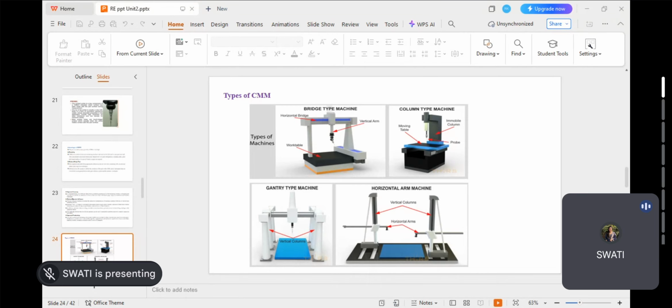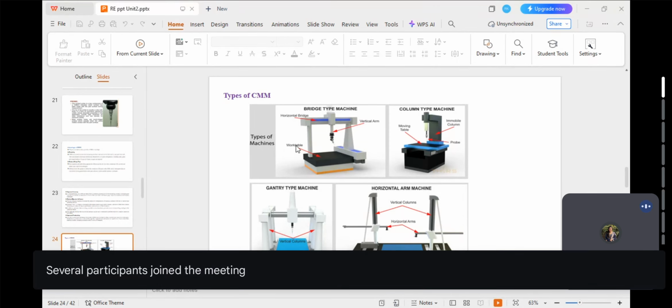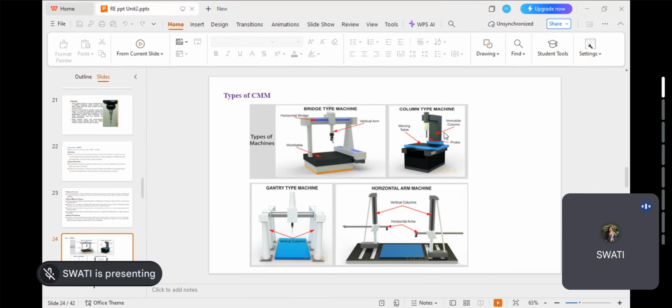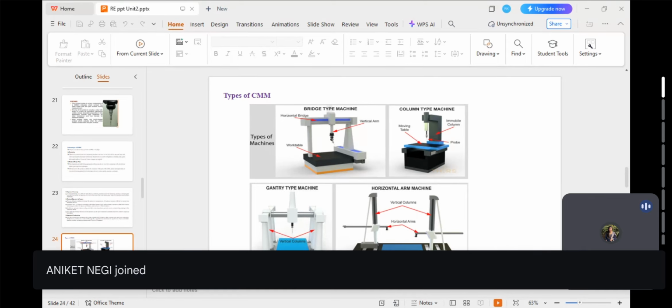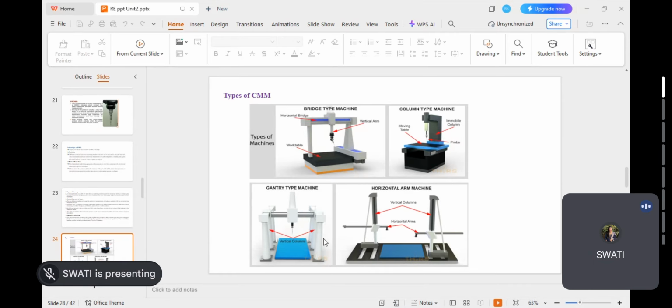You can see four machines are given over here. These are the prototypes. One, we have the bridge type machine, then the column type machine, then the gantry type machine, and then the horizontal arm machine. They all have their specific features and are used for specific applications. We will discuss one by one.